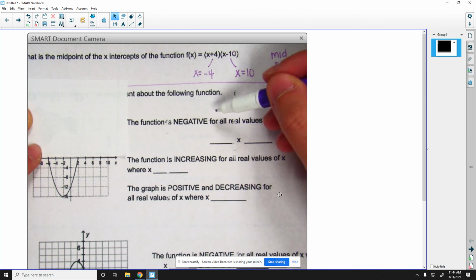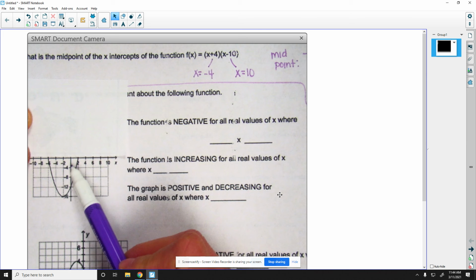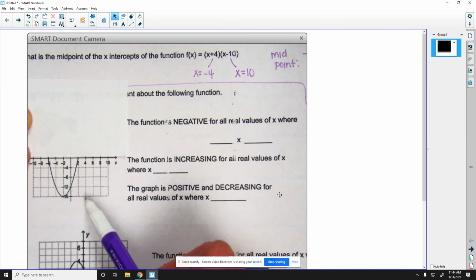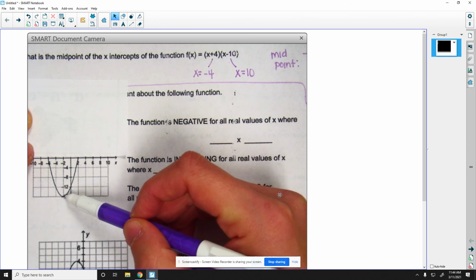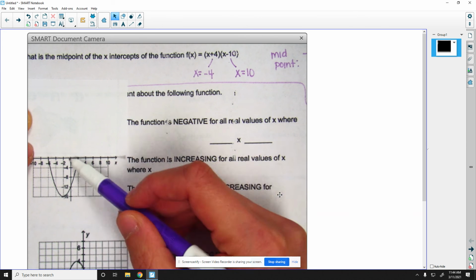So it is negative for all real values of x where what? So between what 2 numbers is this picture going from? This picture is going from what to what? Andrew? Okay, close. It is going from -16 to 0, but it's talking about the x's, not the y's.